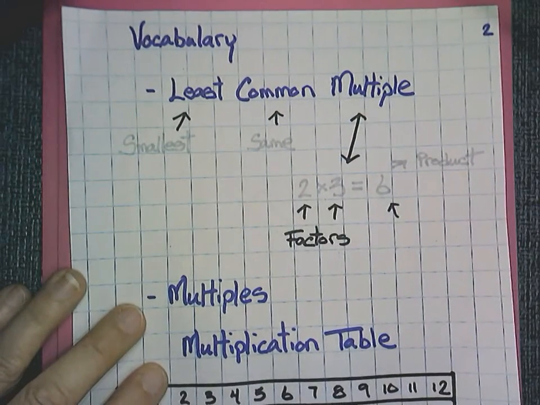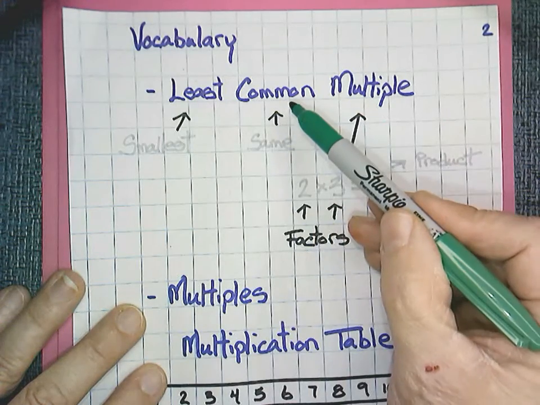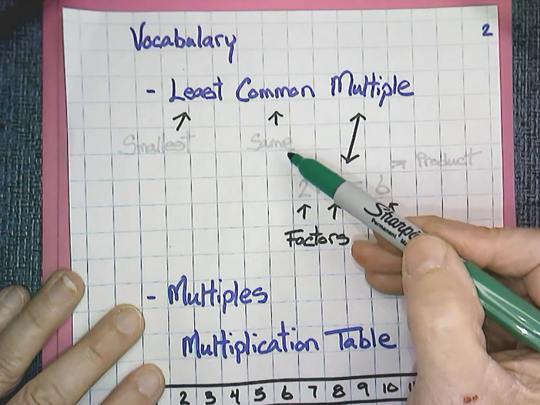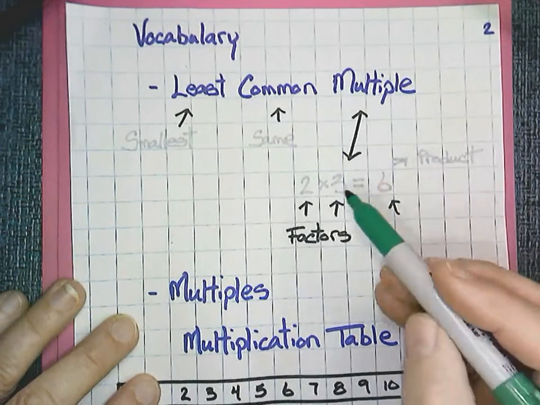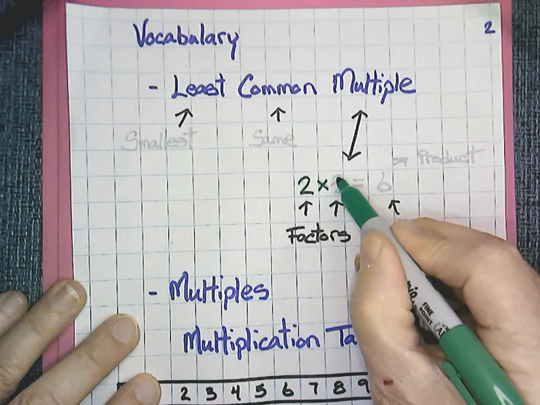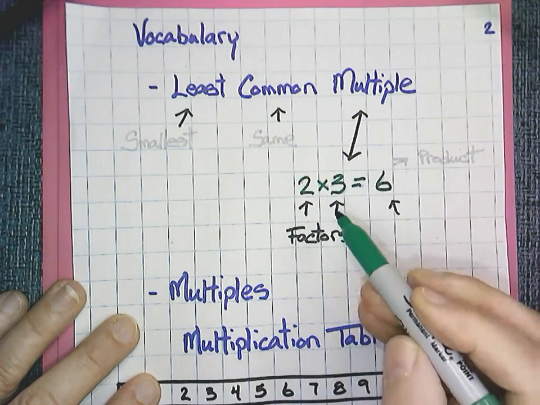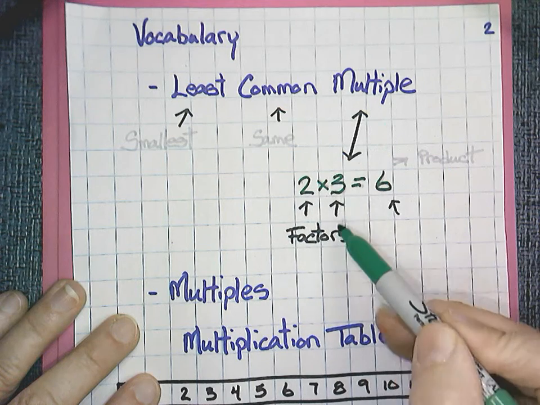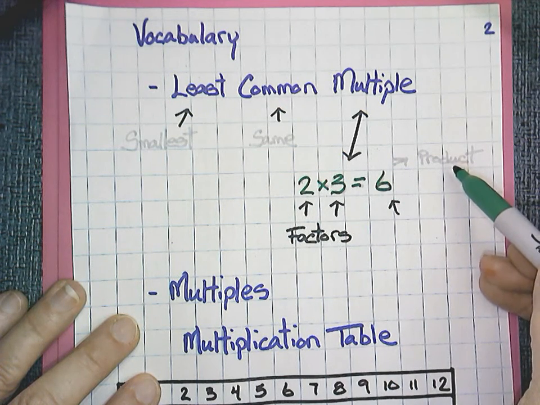Some vocabulary. Least means smallest. Common means same. And multiple, for example, when we multiply 2 times 3 equals 6, we know that 2 and 3 are factors and that 6 is called the product.